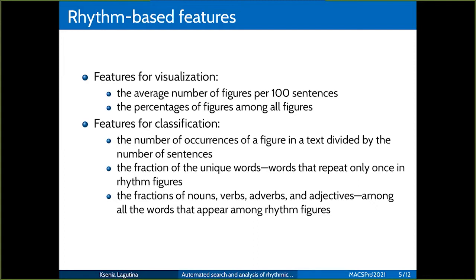And also we compute features that describe the structure of figures. We compute the share of unique words, words that repeat only once in rhythm figures, and we compute fractions of nouns, verbs, adverbs, and adjectives among all the words that appear in rhythm figures.